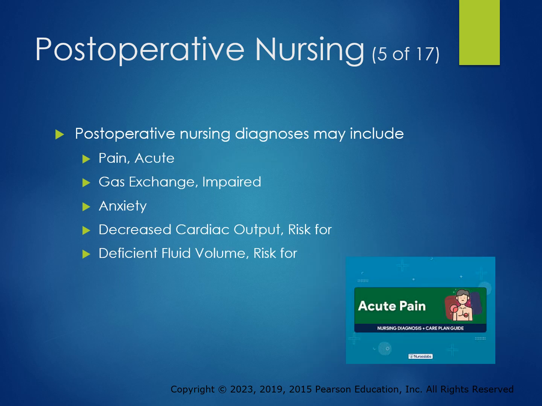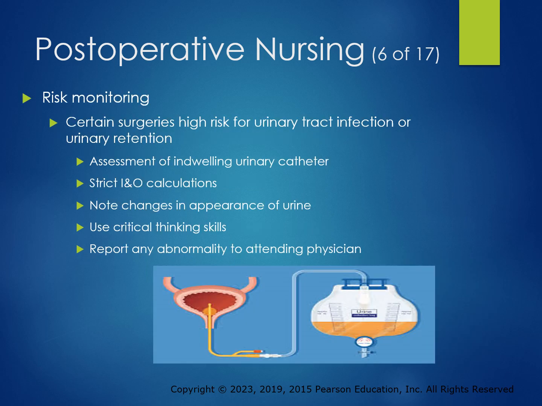Again, here are some of your post-operative nursing diagnoses. These may include acute pain, of course, impaired gas exchange, anxiety, decreased cardiac output, and deficient fluid volume. Even though they're getting a lot of fluids, they still hadn't had anything to eat or drink. Okay? Risk monitoring.